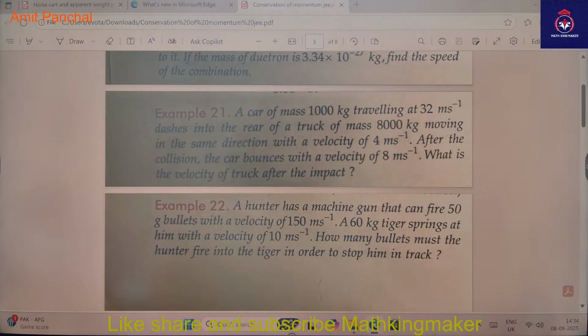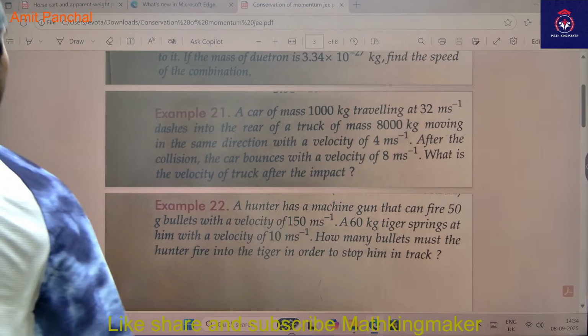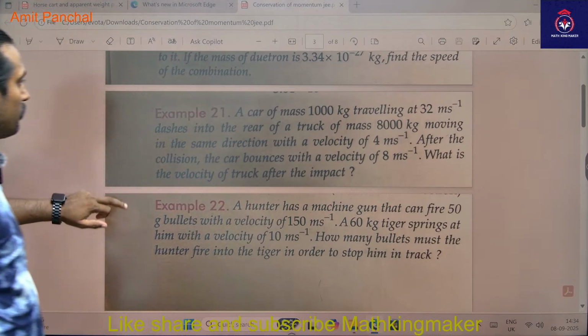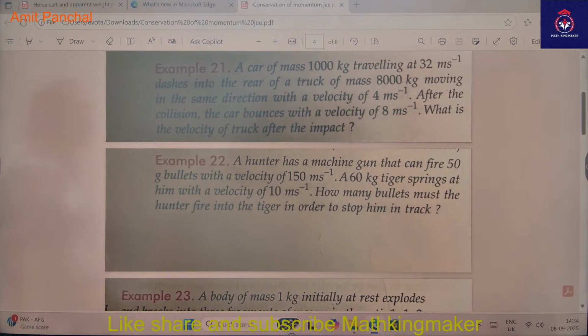Okay, so the 21st answer is 9 meter per second.